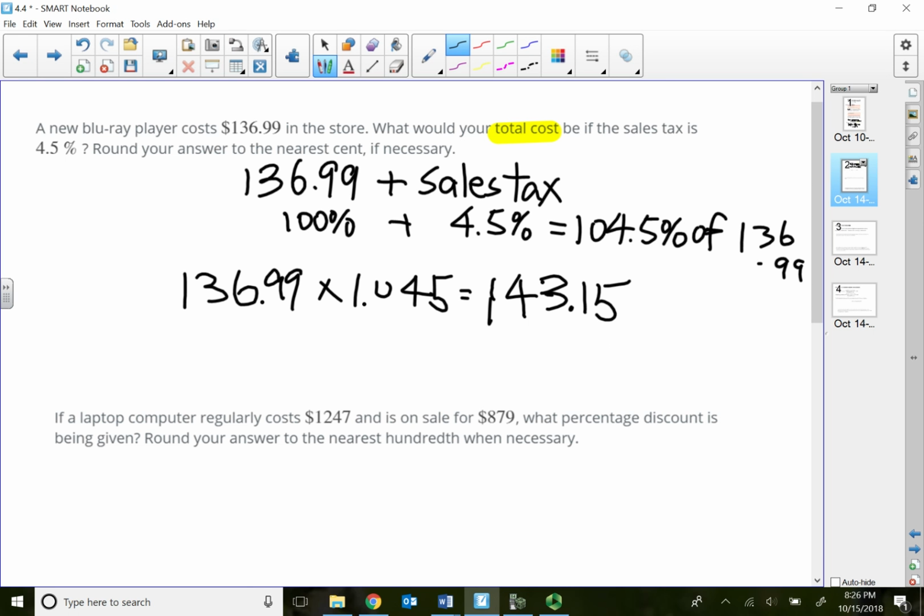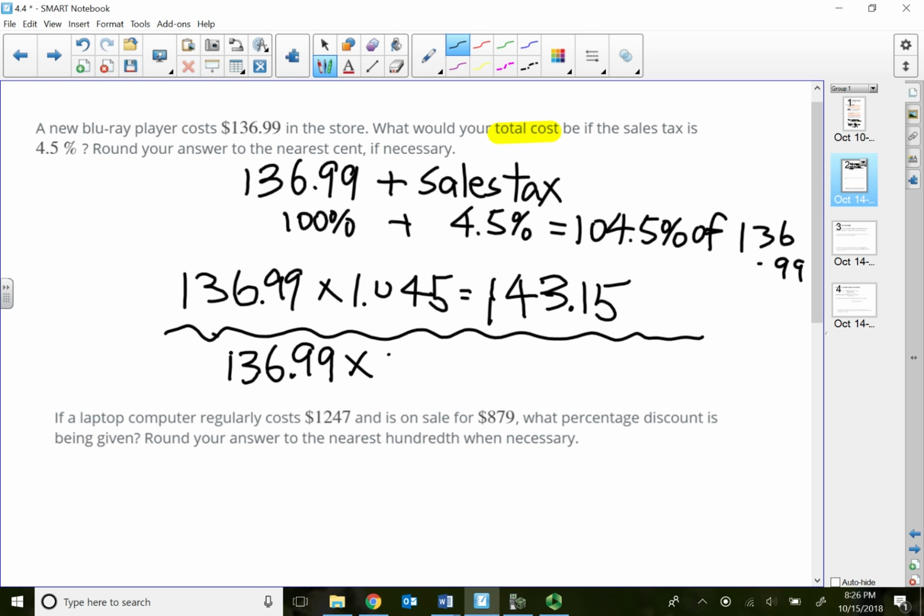So that's one way to do it, and that's my answer. Another way to do this is to take $136.99 times the sales tax, which is 4.5%. Move the decimal to the left two places, it's 0.045. That will tell me my sales tax. Remember, sales tax is the rate of tax times what I'm purchasing.